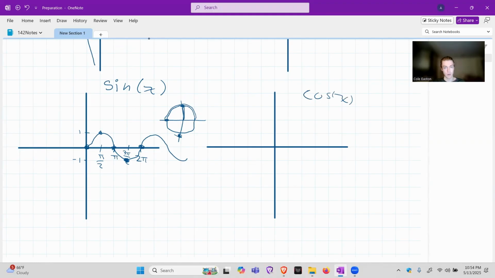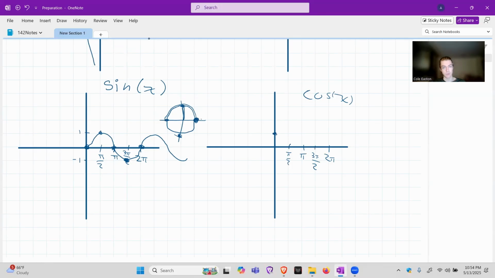We're going to label the graph the same way. We're going to go pi over 2, pi, 3 pi over 2, and 2 pi. Now, okay, so we're starting at 0, so we're starting right here, and we're looking for the x coordinate. So the x coordinate of that is 1.